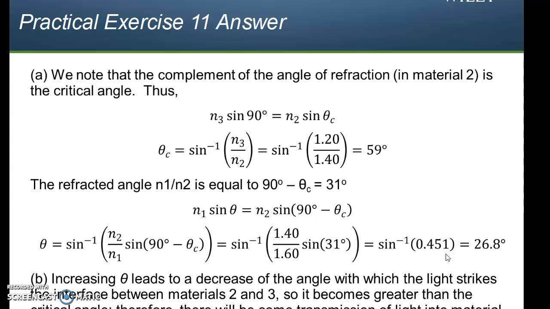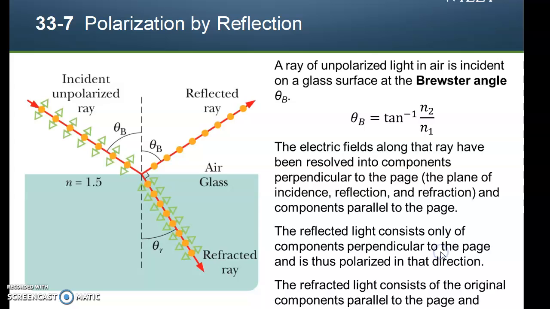Now, if you increase that angle, that decreases the angle at which light strikes the second and third interface. Okay? So it becomes less than the critical angle. Therefore, there is some transmission into material 3. Right? So there's going to be some transmission by increasing that angle. And I think we'll stop there and continue on with the next section.